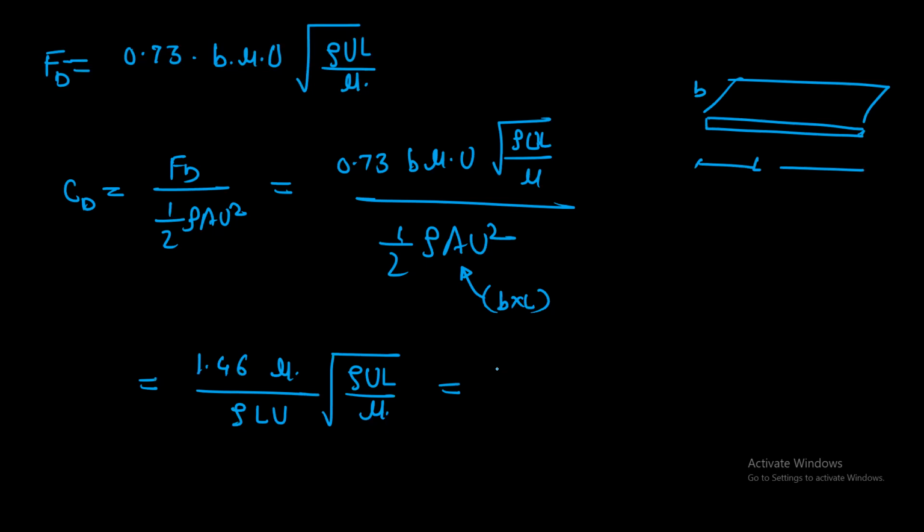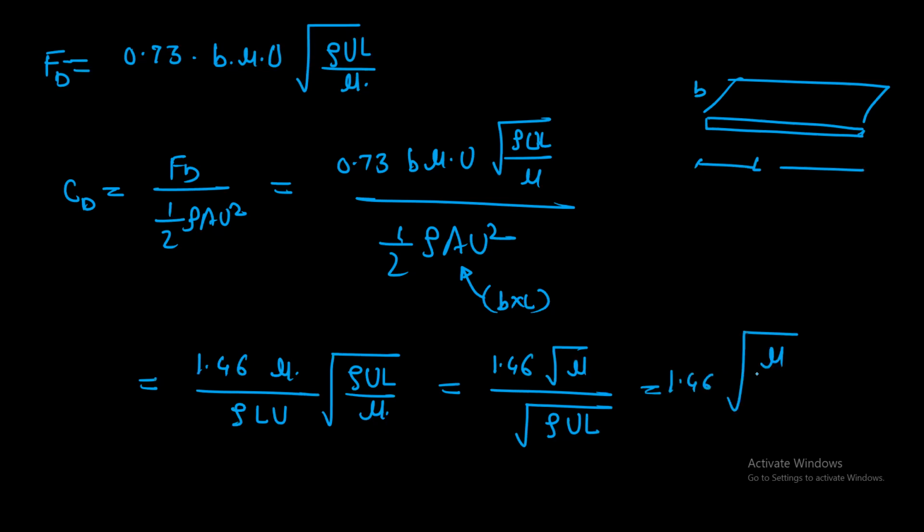So this is equal to 1.46 square root mu divided by square root rho UL. So this is 1.46 square root mu upon rho UL, and this square root rho UL upon mu is nothing but Re.